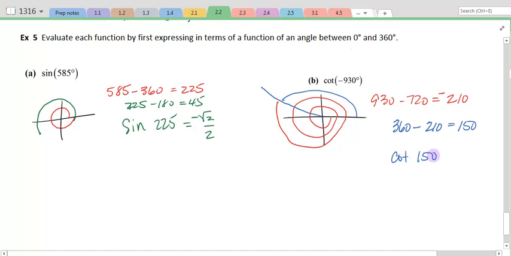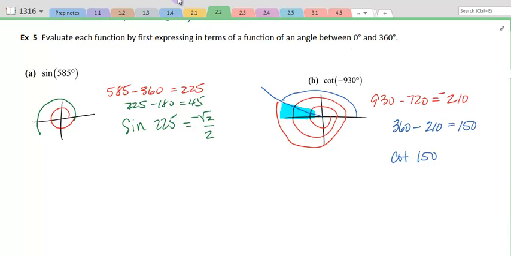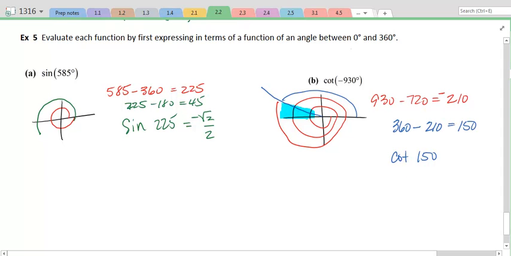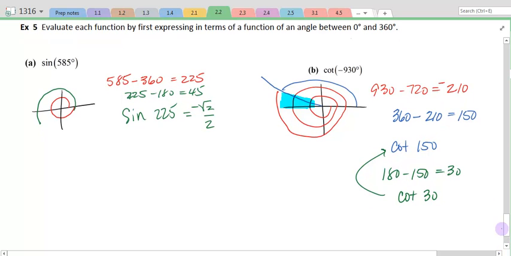But how does that relate to my reference angles? I'm really looking for that skinny little acute angle value right there, which is in terms of 180 minus 150, which is 30. So if I find the cotangent of 30, that's going to give me the cotangent of 150.